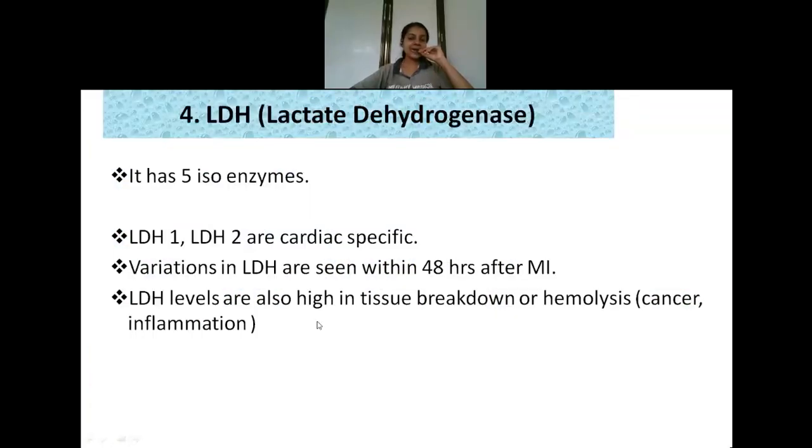Next one is LDH. I told you it is not a cardiac marker, but we will see something regarding LDH. LDH full form is lactate dehydrogenase. It has 5 isoenzymes, that is LDH1, LDH2, LDH3, LDH4 and LDH5.